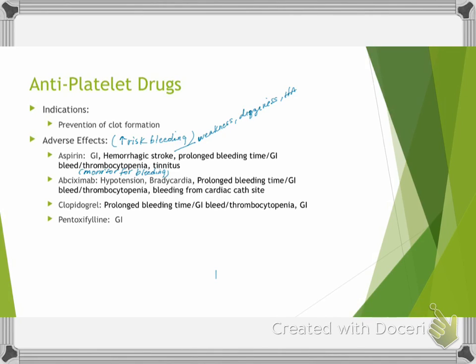Clopidogrel, we want to monitor for prolonged bleeding time, GI bleeding, and thrombocytopenia, so monitor for any signs and symptoms of bleeding. GI, it can cause diarrhea, pain, or GERD, so we want to be aware of those.